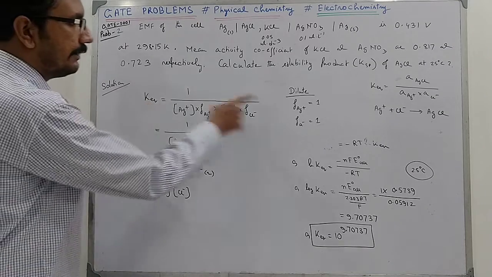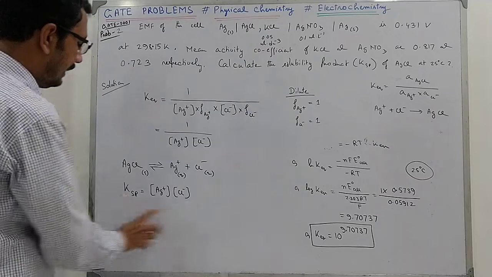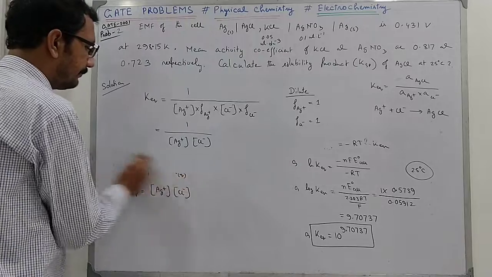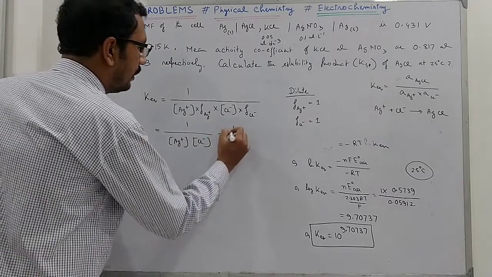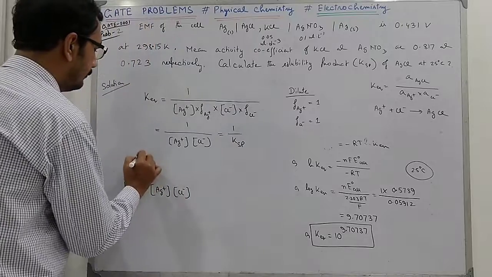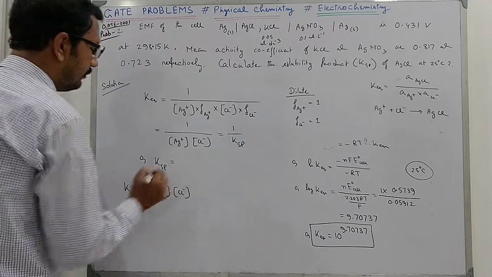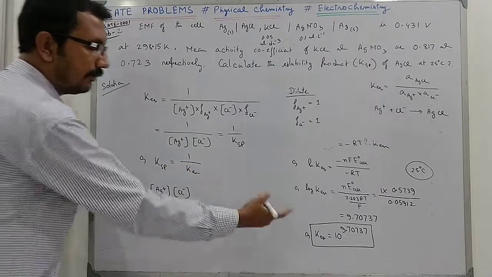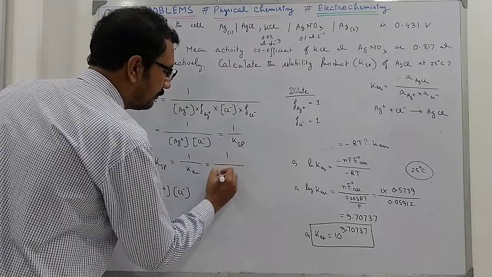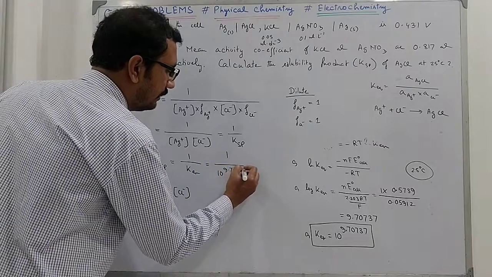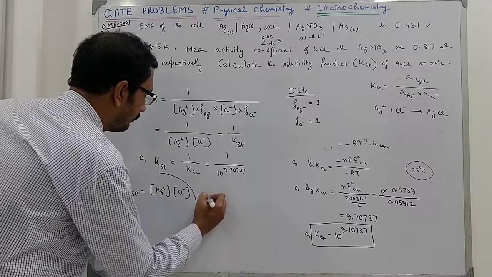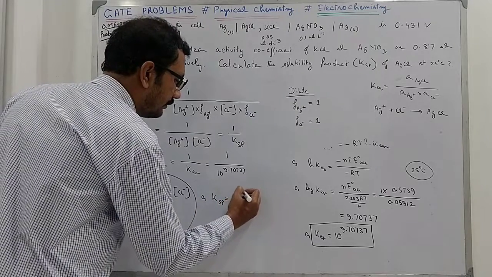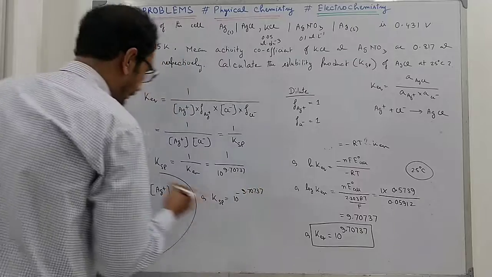Now see what is the relation between this K equilibrium obtained from the Nernst equation and this solubility product. They are actually reciprocal of each other. So we can write 1 by Ksp, or Ksp, that is the solubility product of AgCl, is 1 by K equilibrium. Now K equilibrium is given. It is 1 by 10 to the power 9.70737. So Ksp equals 10 to the power minus 9.70737.